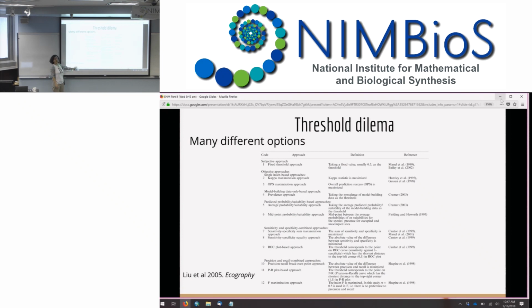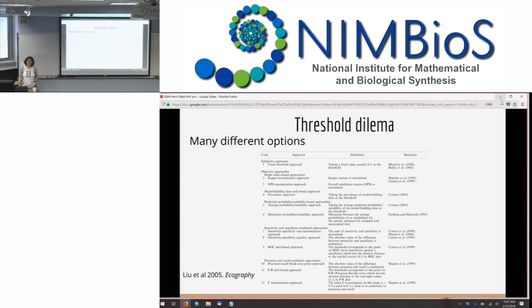But if you're interested in ways of thresholding your models, there's a whole other can of worms there, and you can threshold the models based not just on presence, but also on absence or background. You can balance sensitivity and specificity, these metrics. So there are other options.